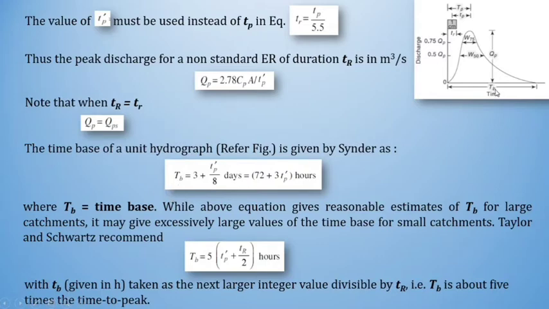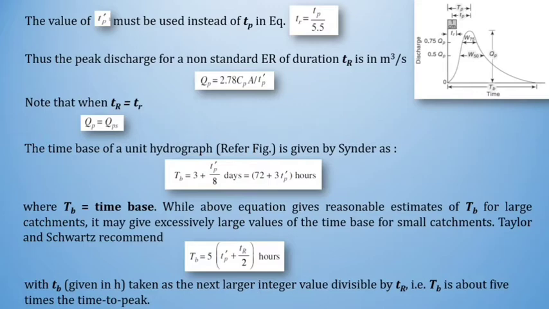This is the time base of the unit hydrograph. It is given by Snyder as 3 plus T dash P upon 8 days, which is further simplified as 72 plus 3 into T dash P hours, where Tb is the time base, while the above equation gives a reasonable estimate of Tb for large catchments.